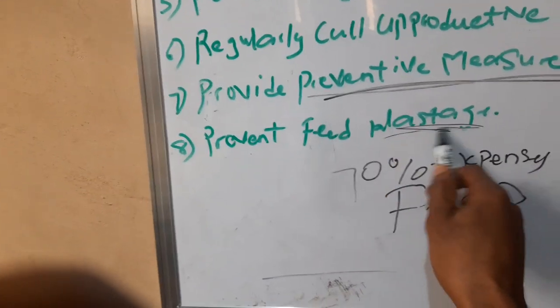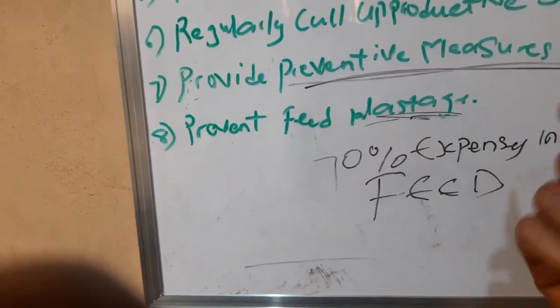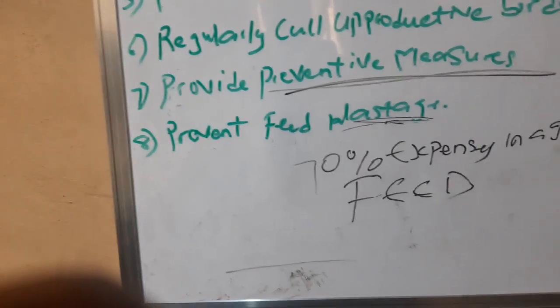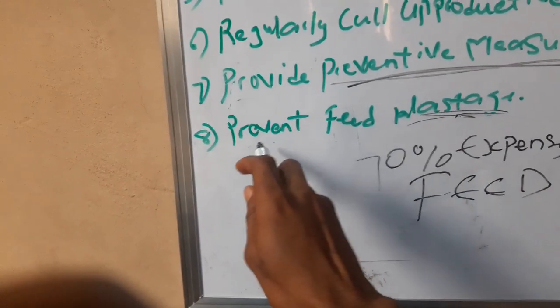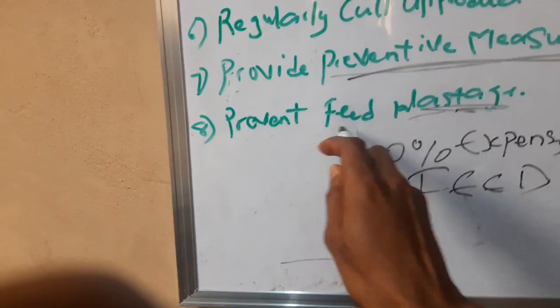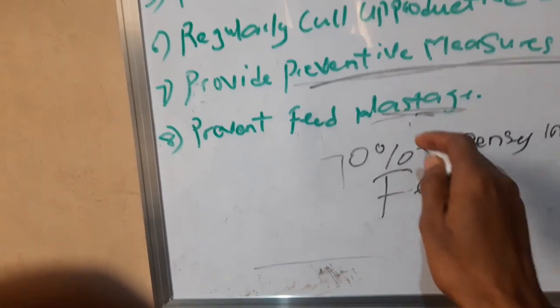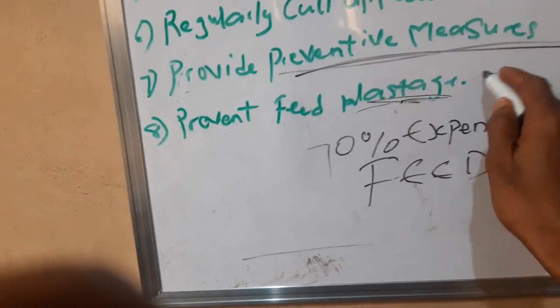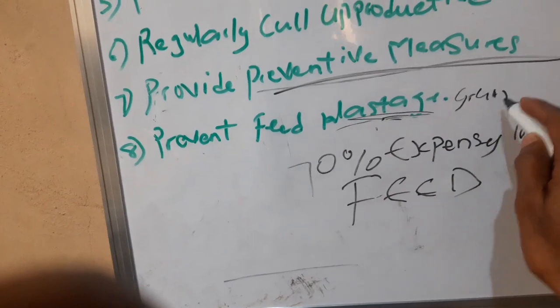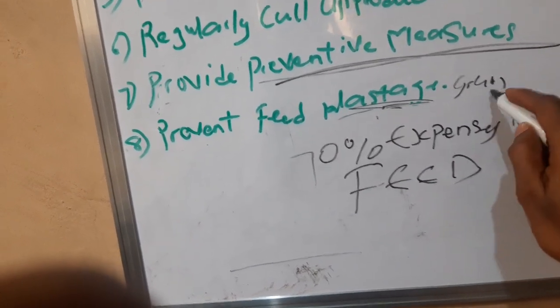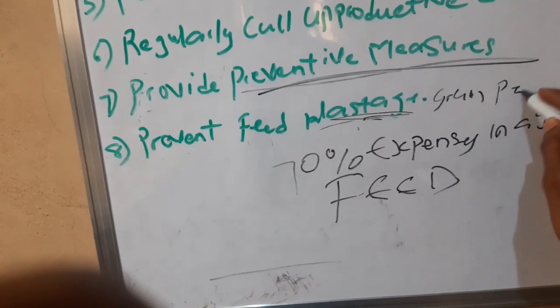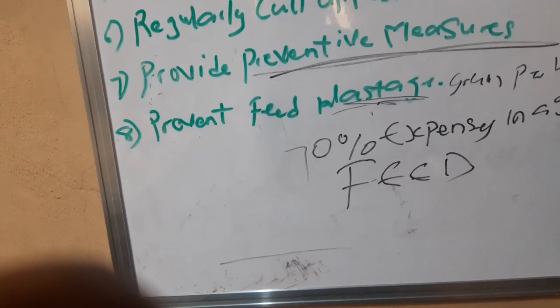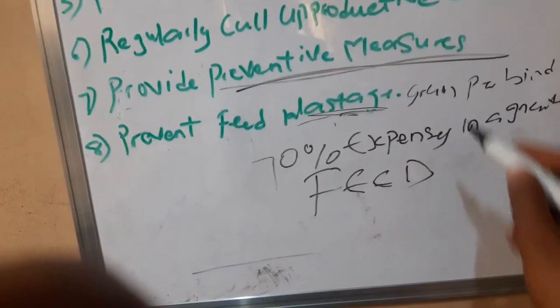If you are wasting this feed, trust me, you are not doing yourself any good. So what you have to do is prevent feed wastage. You have to know the exact gram per bird.